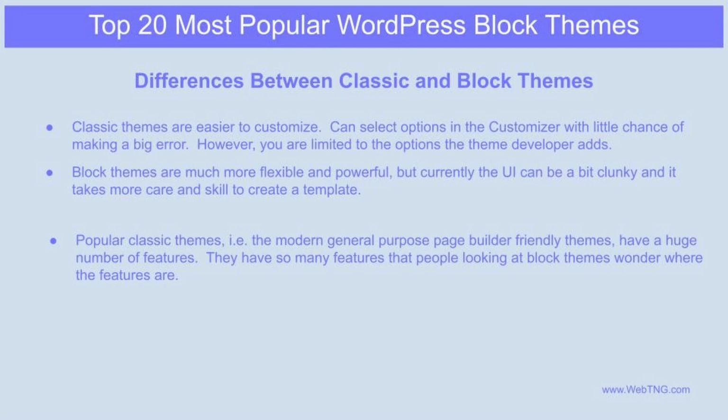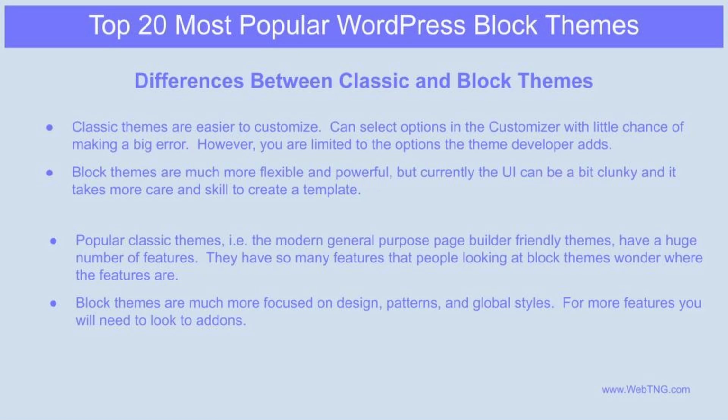This is one of the differences between classic and block themes. Another big difference is focus. Today, most of the popular classic themes are those general purpose, page builder friendly themes with tons of options. Many of those options, especially in pro versions, go way beyond layout and design. The extensive feature list of classic themes is one reason people looking at block themes may wonder if that's all there is.